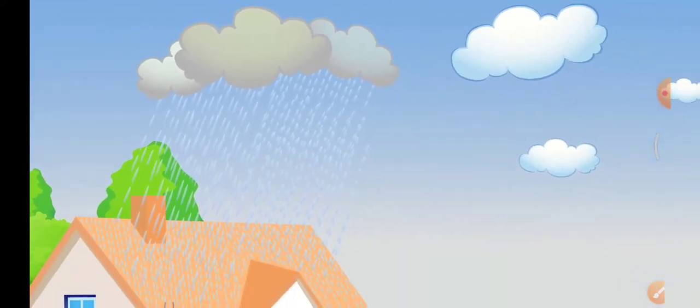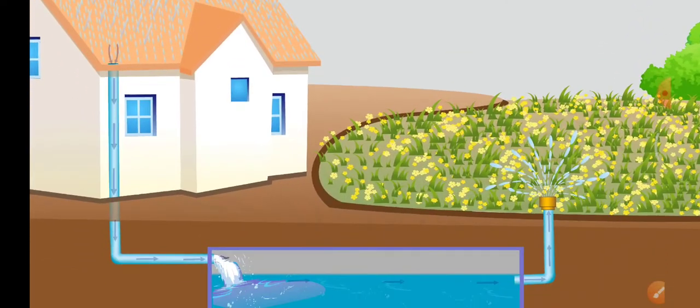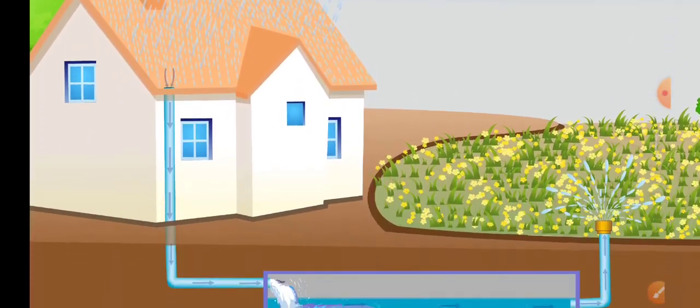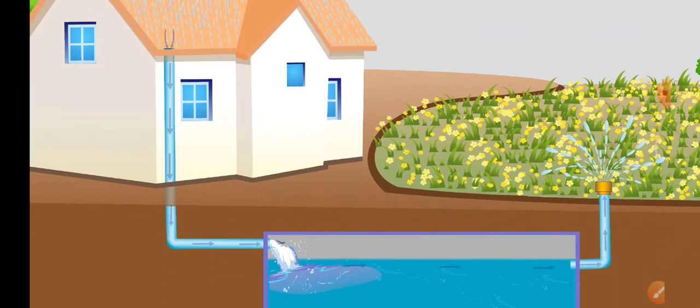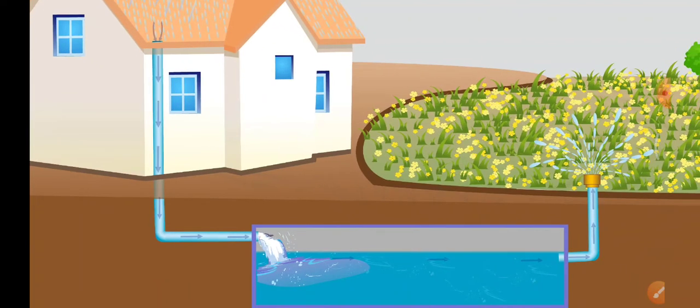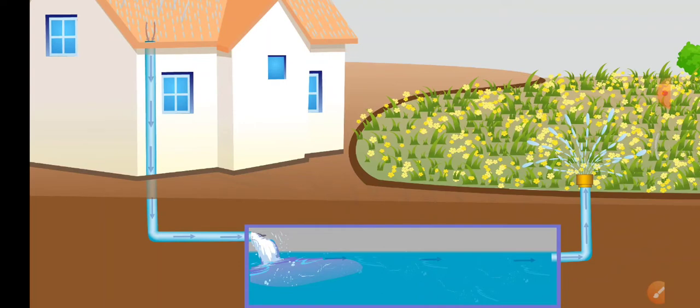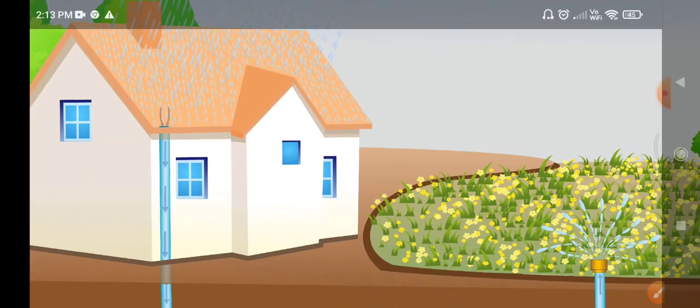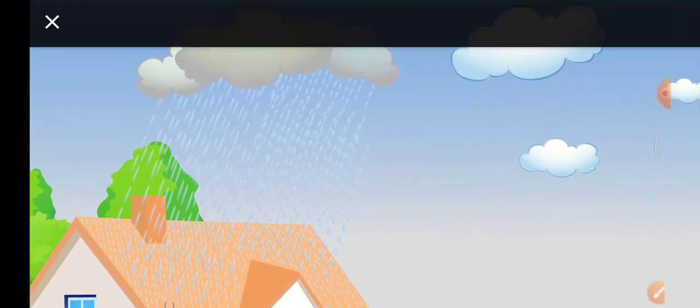The rain is natural source of water and the rain water is collected here. Okay, from the terrace they arranged a pipe and to the tank. So, and the same water is being used for the gardening, right? So this one, the sump here or the water tank here and the pipes are arranged by humans.